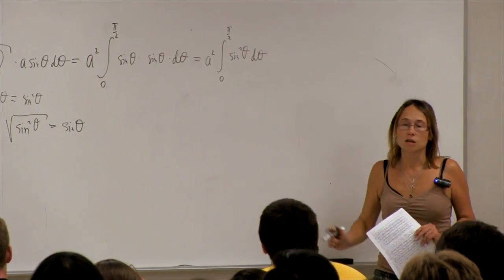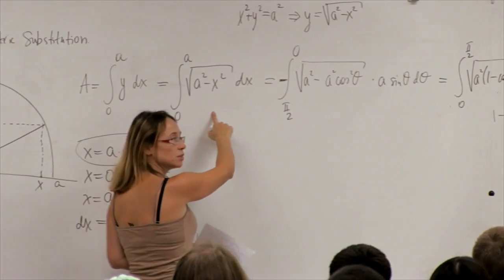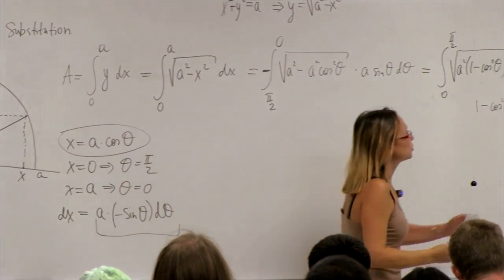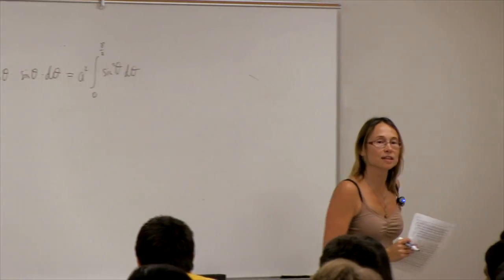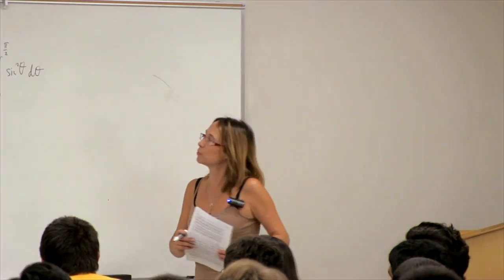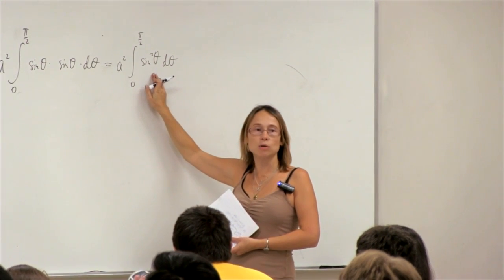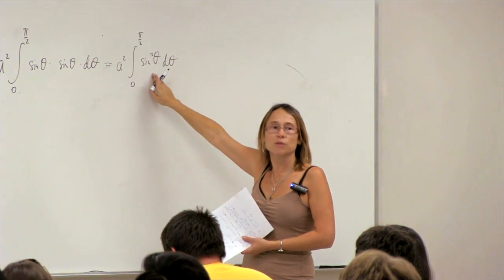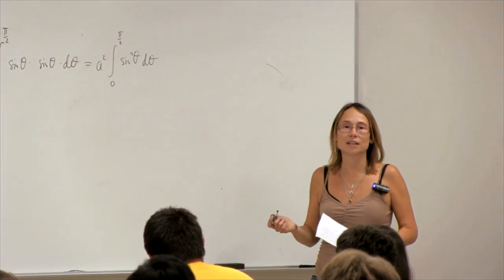Okay. So I reduced this integral, which I didn't really know what to do with, to this integral, which we looked at the day before yesterday, right? When we looked at trigonometric integrals, an even power of sine. In this case, we use double or half angle identities, right?